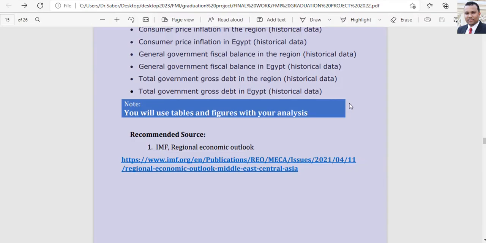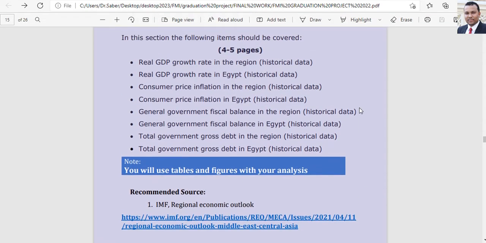Back to our graduation project. So all available data like real GDP growth rate, we will compare between the region and Egypt. Inflation in the region and Egypt. General government fiscal balance, the same, and total government gross debt.